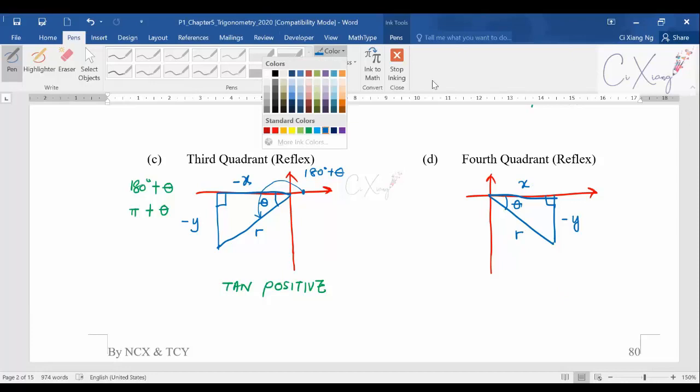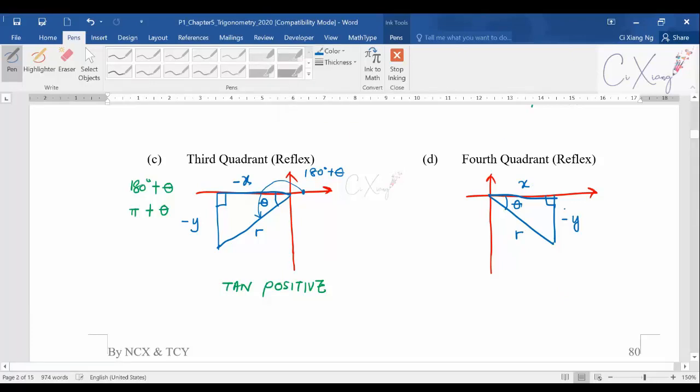If you want to measure the angle, you measure it from the positive x-axis until here, so the whole angle is 360 minus theta. The label for the angle in this quadrant is 360 minus theta, or we use 2 pi minus theta. And for this quadrant, only cos is positive.